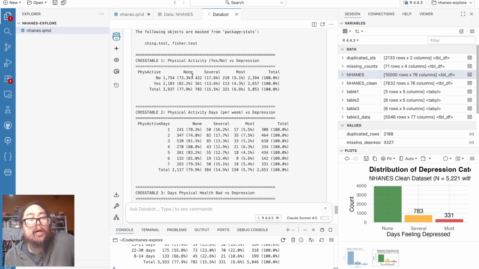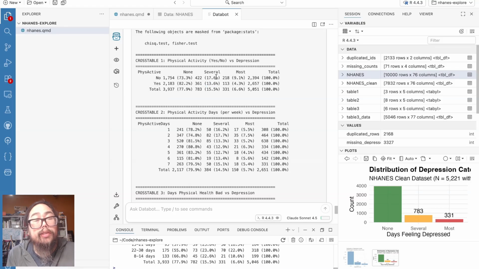So we've got none. The majority of the none are physically not active and have no depressive episodes. But if they are physically active, you can see that if we compare across, this percentage is higher than physically active for several.